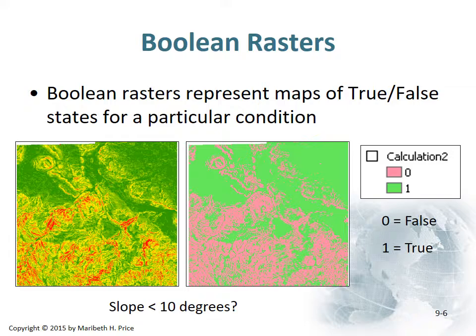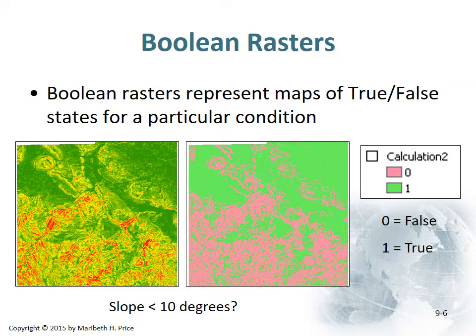So slope less than 10 degrees, again from the last slide. The green areas are true, meaning they only have values of 1. Every raster cell out there that is colored green has a value of 1. Every raster cell out there that has that pinkish color has a value of 0. Those are the only two values that are in the output.